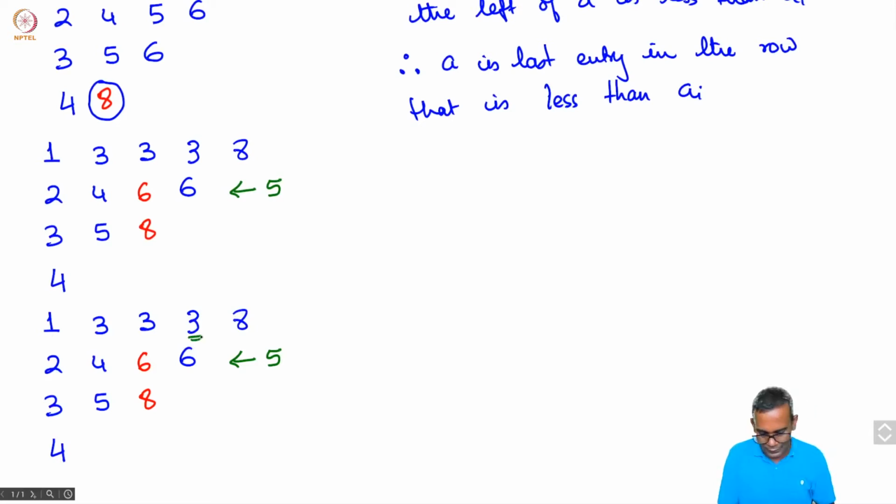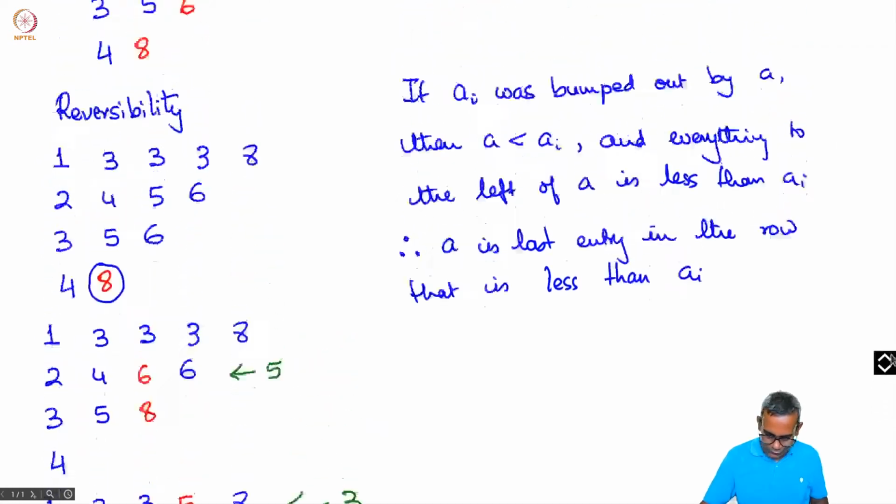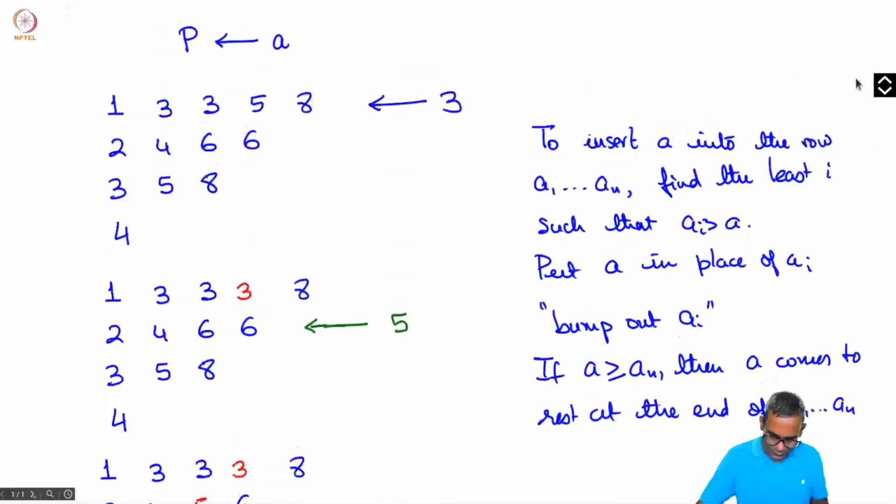Well, it is this entry 3. So this 5, in fact, was bumped out by 3, and it used to be here. So originally we had 5, and we must have inserted 3 in the first place to get this process rolling. So let's just go back and check if this is what initially indeed happened.